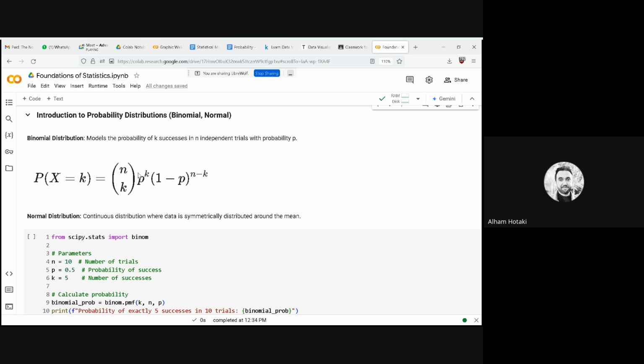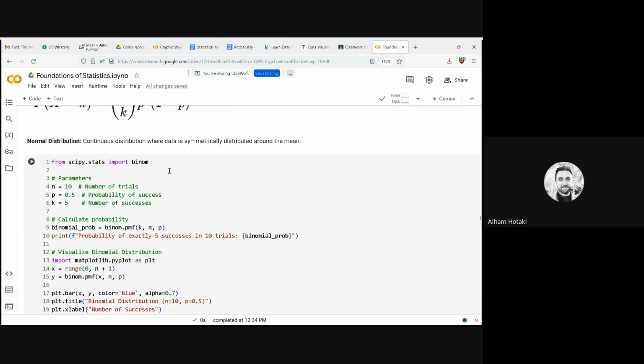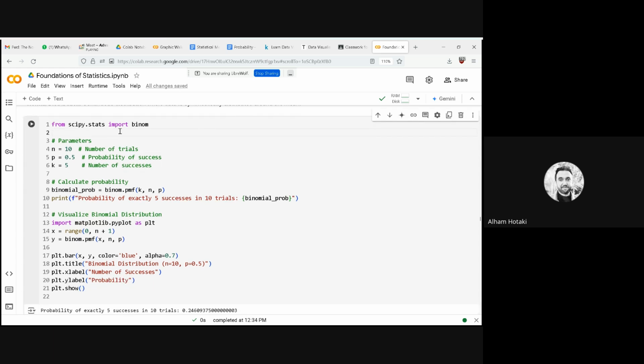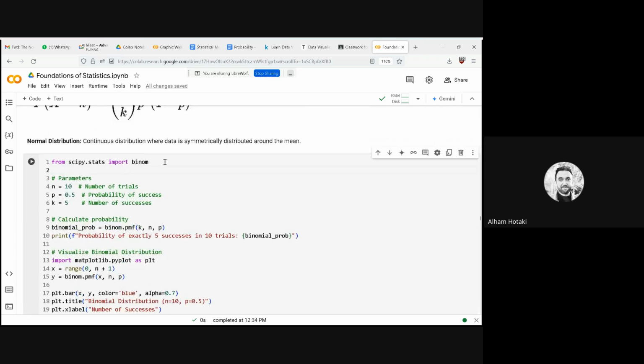What is normal distribution? Normal distribution is a continuous distribution where data is symmetrically distributed around the mean. So the mean is here, it's very important. From SciPy stats, this is a library, there are automatic functions, methods and libraries existing within Python.